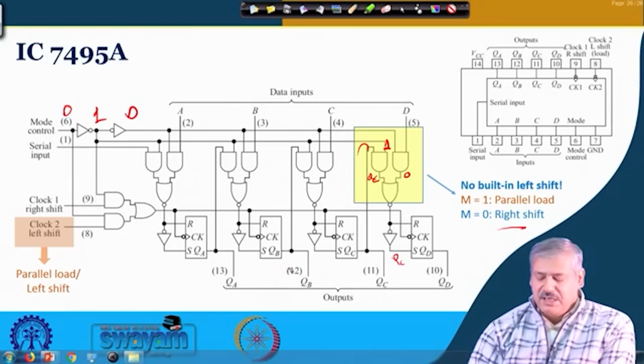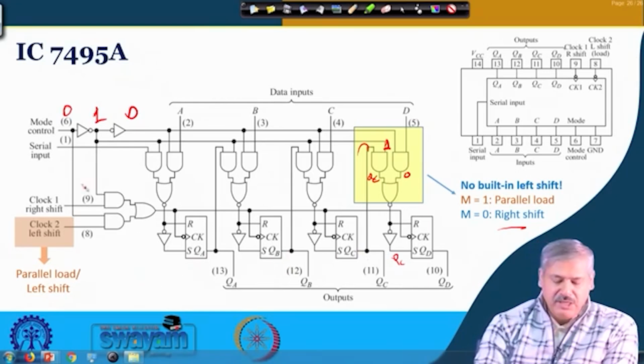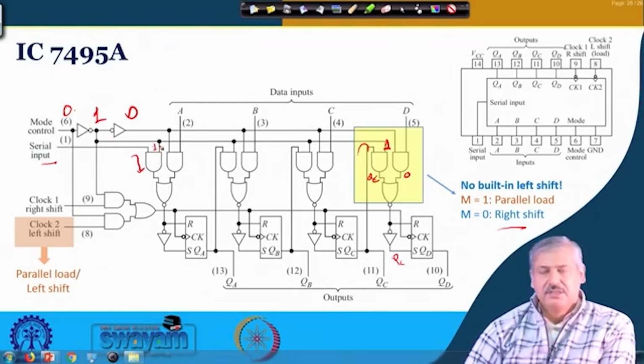So, similarly if you look at the others, QB will go to QC, QA to QB, and for QA there will be serial input in. So, this is the serial input in for mode is equal to 0, okay. So, this becomes 1. Is it okay? Right.